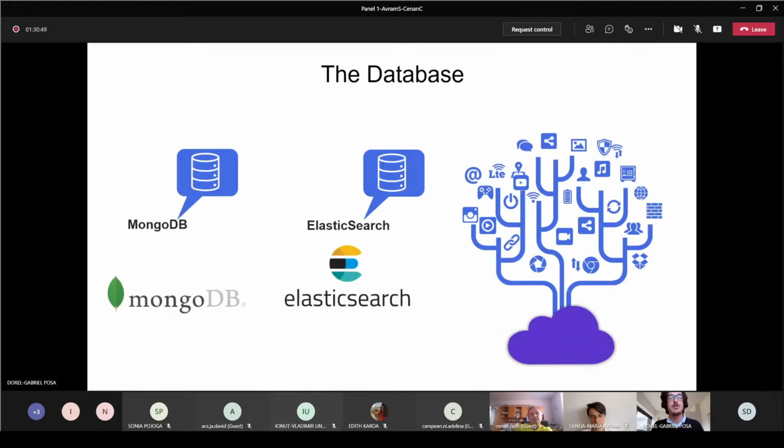The databases used were MongoDB, firstly, because MongoDB provides free cloud storage, and the main purpose for this application was to only use free solutions. MongoDB also provides dashboards for the gathered data, and the next database used was Elasticsearch.